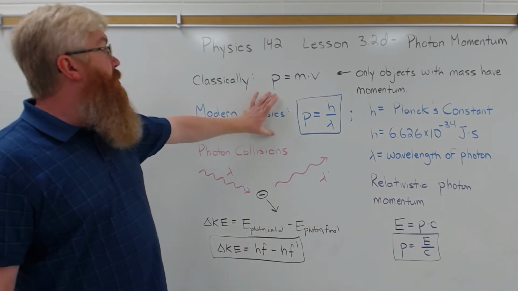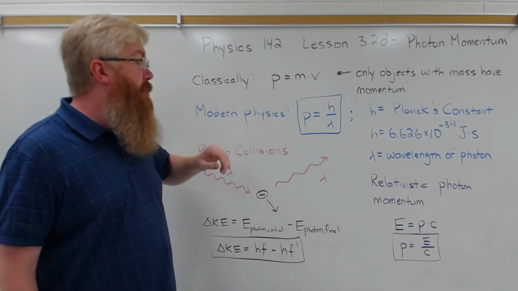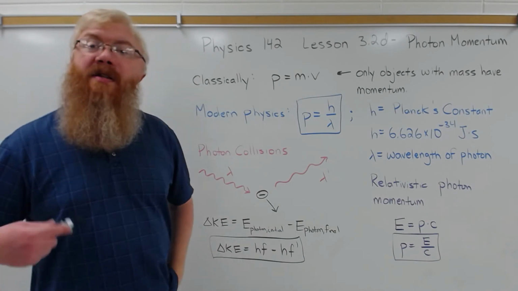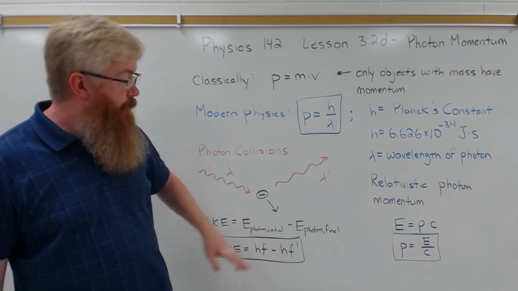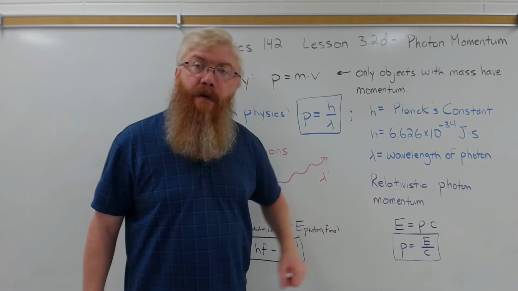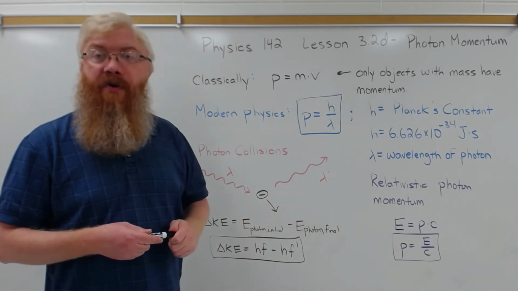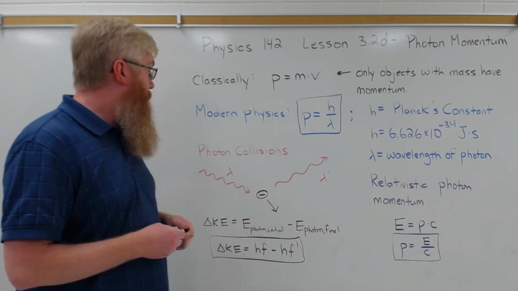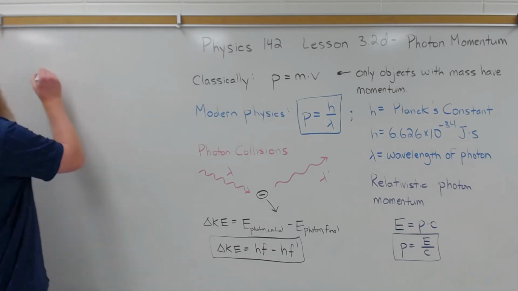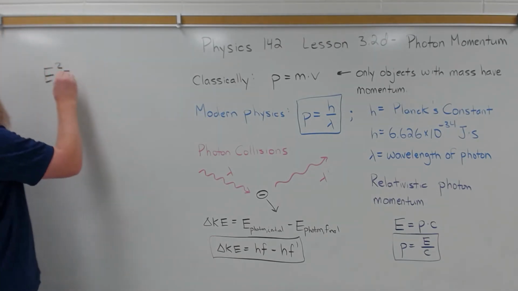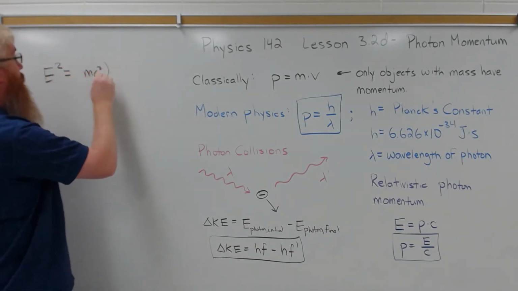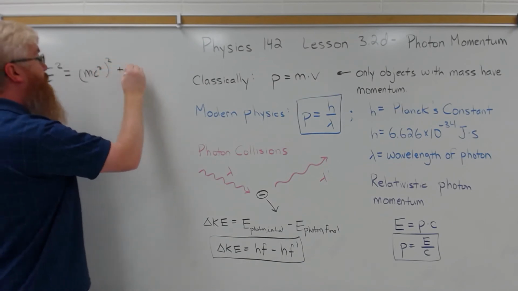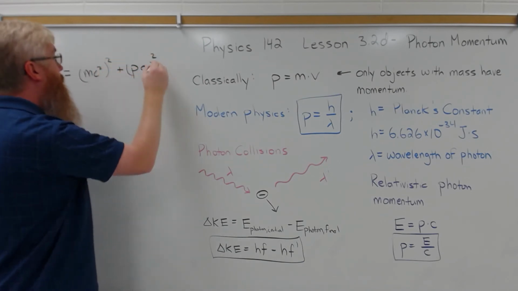So this equation for modern physics, right, photon energy, if we look at relativistic photon momentum, your book talks about the relativistic energy equation for a particle. If you recall, it was E squared is equal to (mc squared) quantity squared plus (pc) quantity squared.